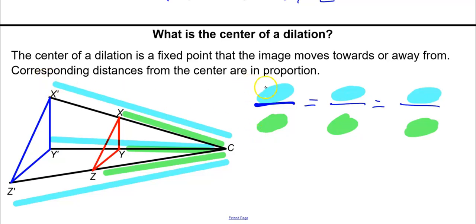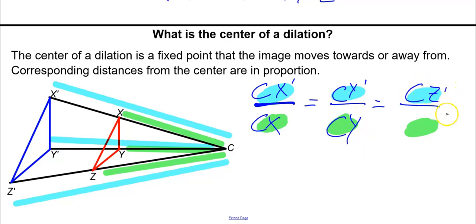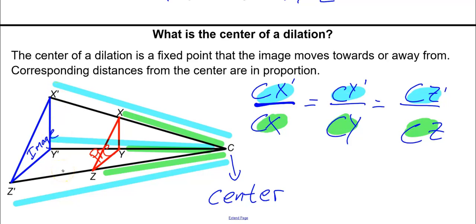So then what we'll have is the distance from CX prime to CX, CY prime to CY, CZ prime to CZ. So C is the center. C does not move. Here we have, in red, the pre-image, and in blue we have our image. And I know it's the image because of the primes.